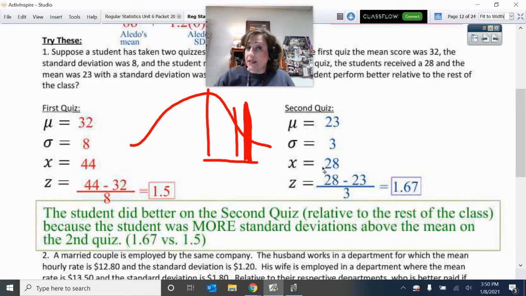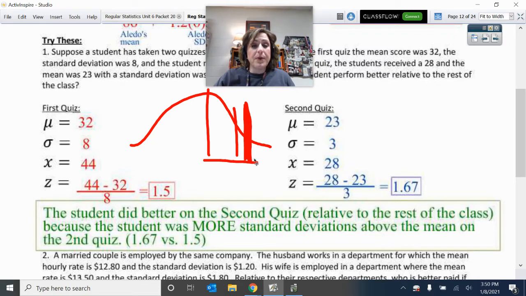But on the second quiz, even though the score was 28, which is lower than 44, the student scored 1.67 standard deviations above the mean.